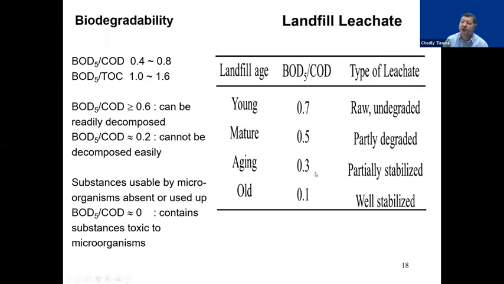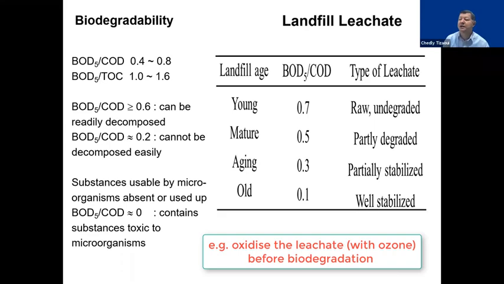Mature is 0.5, aged landfill leachate 0.3, until it gets old, where the ratio is 0.1, which means the landfill leachate is not biodegradable. The older it gets, the more difficult it is to biodegrade, and then you need to use other processes to make that landfill leachate biodegradable.